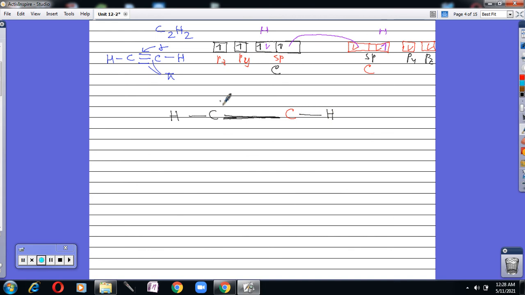Now this py orbital is here, upper lobe, lower lobe is another one. In the same way, it's a py, it's an upper lobe, it's a lower lobe, right?